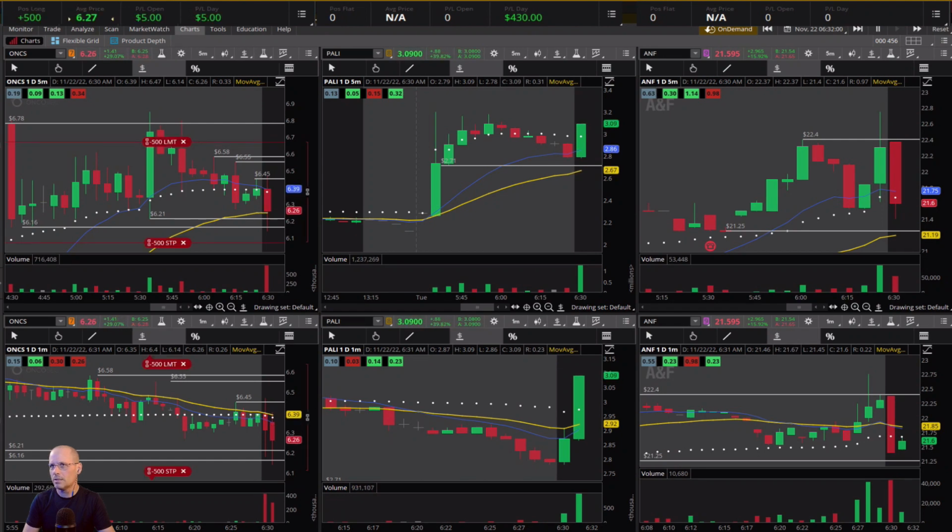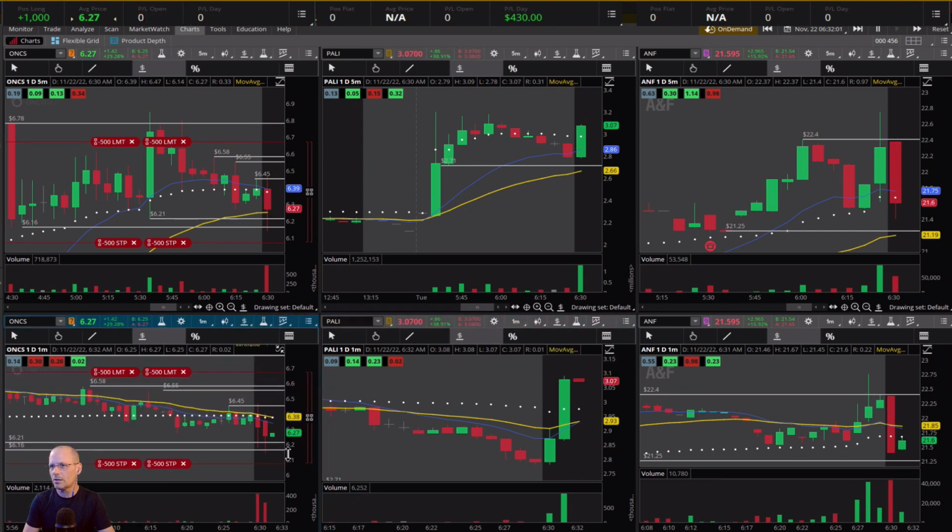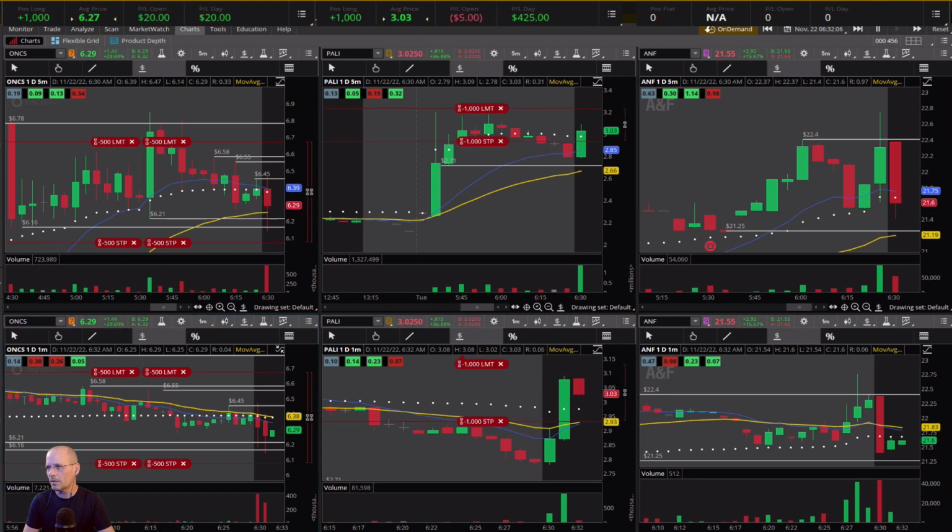I'm in on ONCS there. See if we could get a good bounce off of that support line. So I'm buying again at $3 on PALI. Might add if we start to break out here.